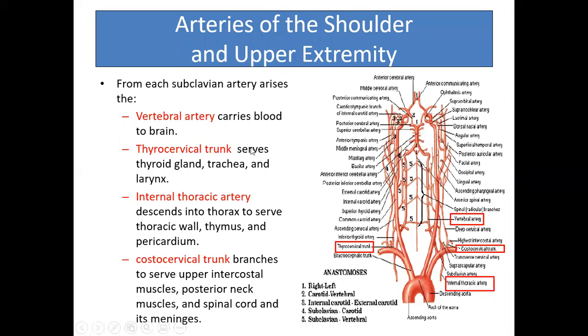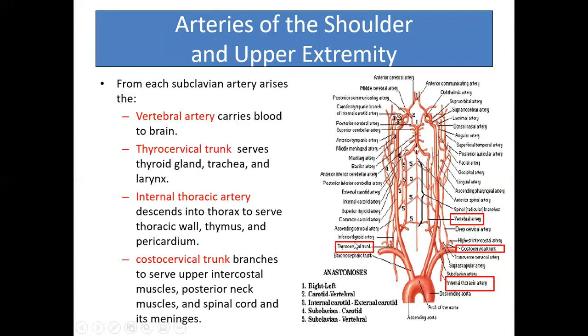These are the branches that arise from the subclavian artery. We have the vertebral artery that arises from the subclavian artery. We also have the thyrocervical trunk that also arises from the subclavian artery, and it supplies the thyroid gland, the trachea, and also the larynx.